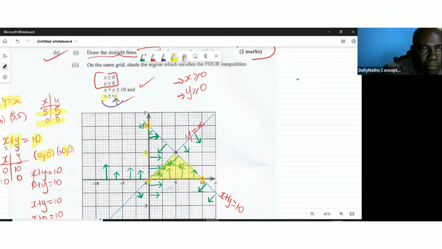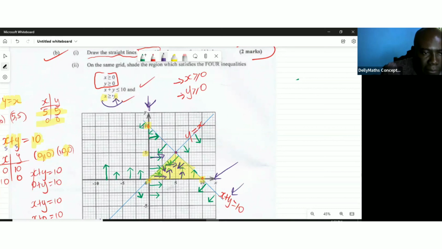For example, this line here is pointing up in it. This line here is pointing down in it. y equals x is pointing down in it. And even this line there is pointing in that region.